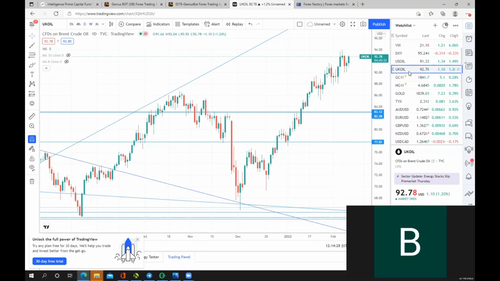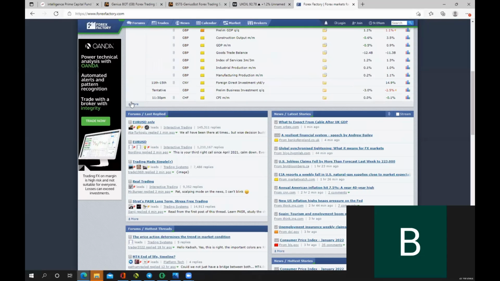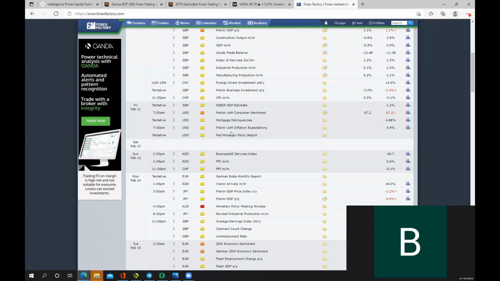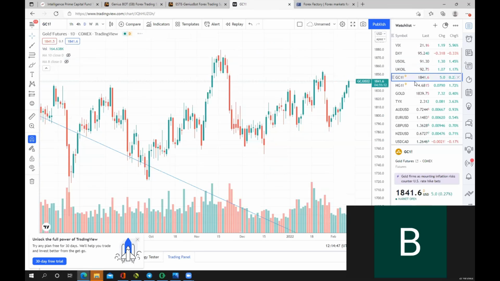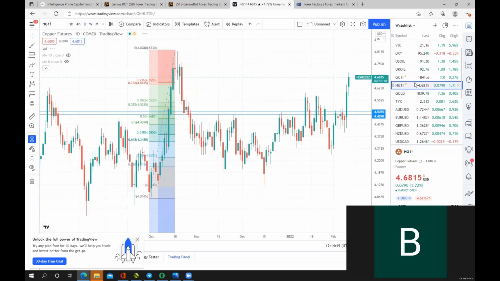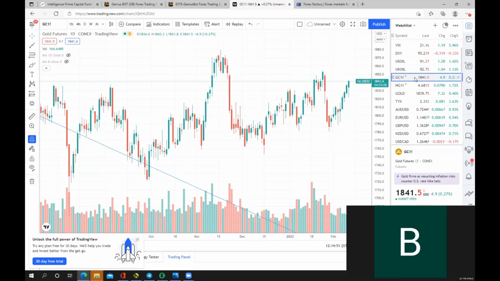Likewise with crude oil, same thing, correction, still a bunch of higher lows. We need a lower high in order to see this. So let's see by tomorrow, because tomorrow there isn't much. It could be a quiet day tomorrow, but we'll see when that happens. And then gold futures is bullish.